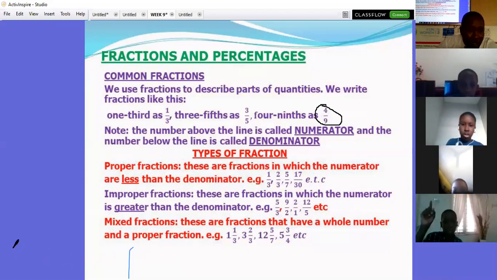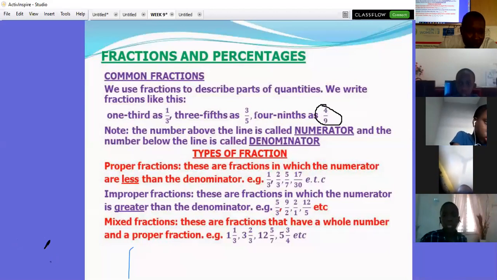Okay. Abdurrahman, give me an example of a proper fraction. I can't hear you. I lost the audio.